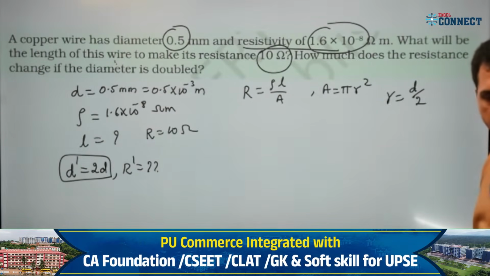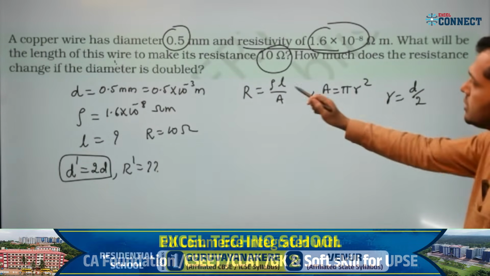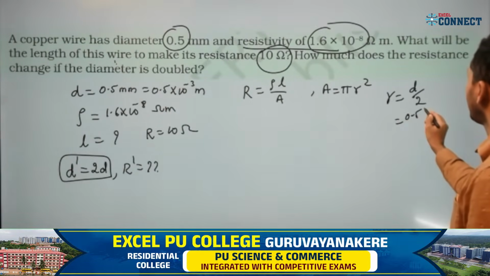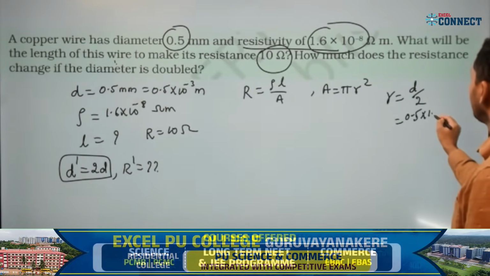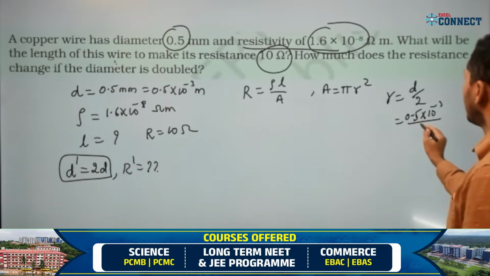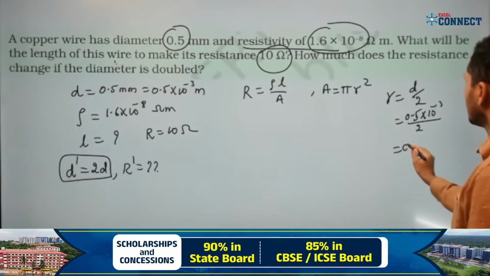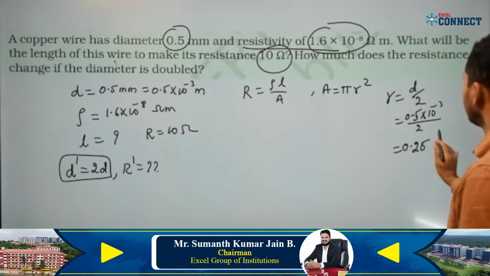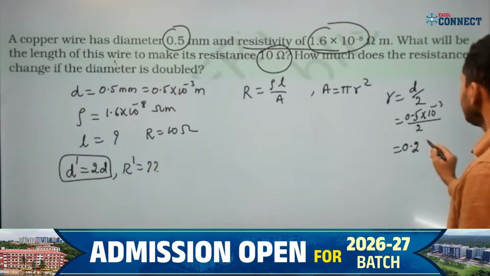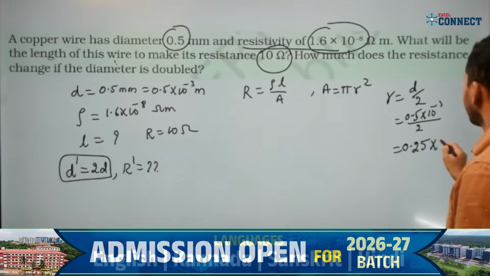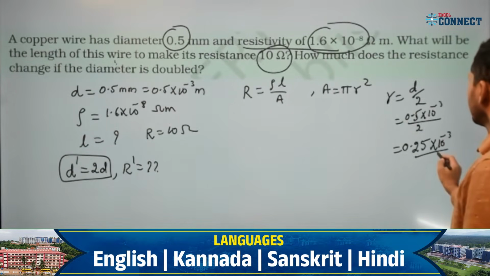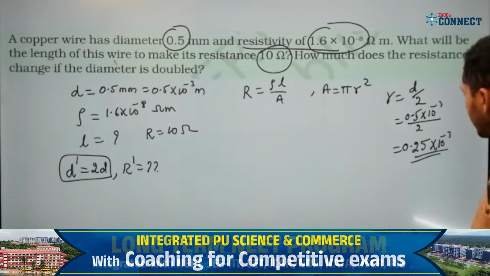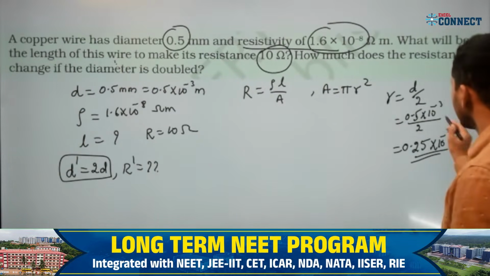The diameter value is 0.5 into 10 power minus 3, divided by 2, which is 0.25 into 10 power minus 3. Is it clear? This much meter is the radius.